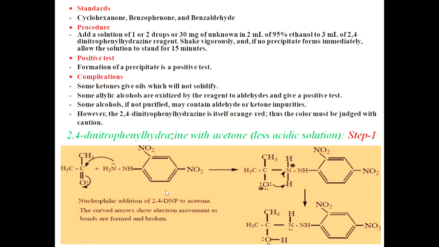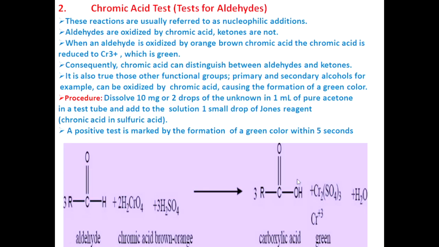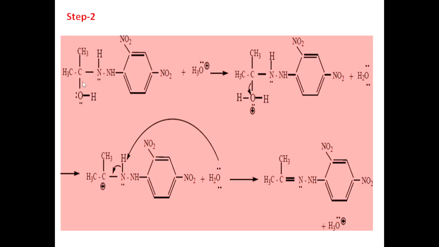So it is actually an addition, condensation and elimination reaction. Three reactions are taking place. In the first step, this compound is formed. In the second step, the elimination of water takes place, with OH via protonation.